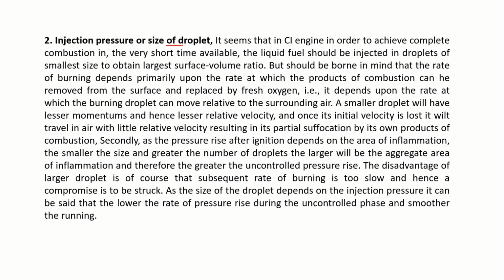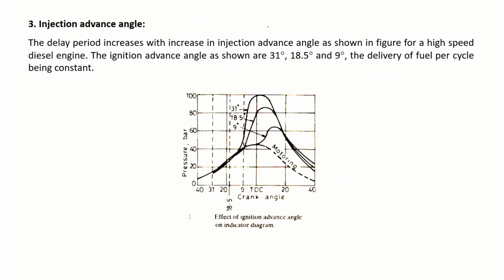Size of the droplet matters too. You should have a smaller size, so vaporization will be faster. For that you need higher injection pressure. That's why nowadays in common rail injection, we use pressures of the order of 1600 plus bar, and the size of the droplet is very, very small.